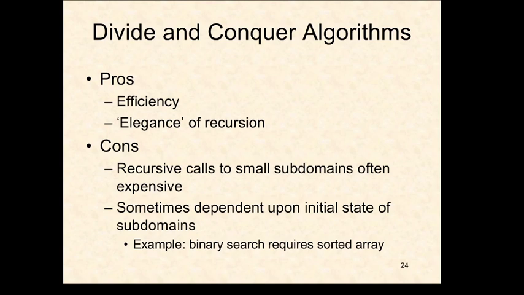The other downside to the divide and conquer approach is that sometimes it's dependent on the initial state. One example is binary search. We cannot do the binary search if we don't have a sorted array. Another example would be going back to quicksort.